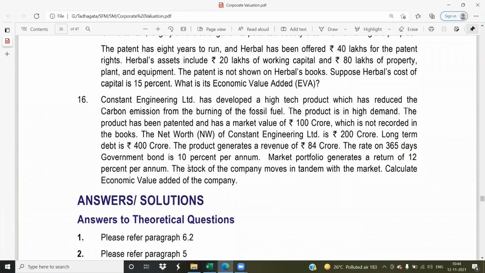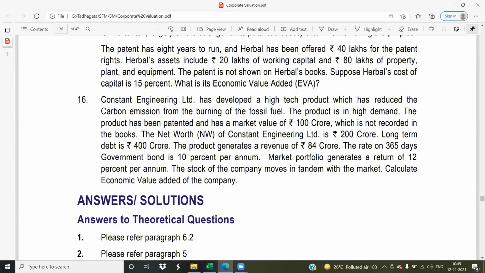You need to find out economic value added, that is EVA. Let's go to the details. There's a company that has a patent having a market value of 100 crore, and it is not recorded in books. Net worth is 200, long-term debt is 400. The product generates a revenue of 84 crore, and the government bond rate is 10% per annum.